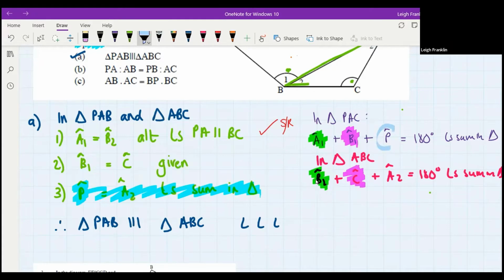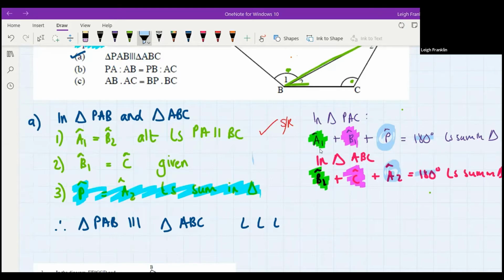This one over here has to be equal to this one over here because they all add up to the same thing. That's essentially what you're saying. So we need good geometrical reasons for A1 equal to B2 and B1 equal to C. And then once we've proved that those two are similar, we can conclude that the last pair are equal because of angles of a triangle or remaining angles of a triangle.